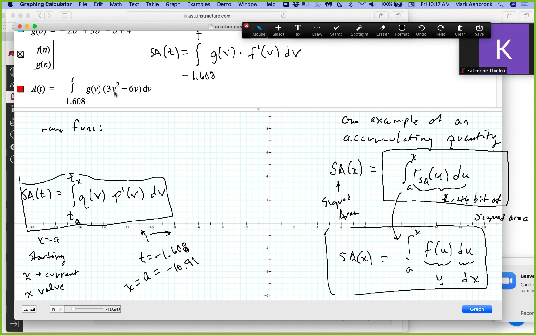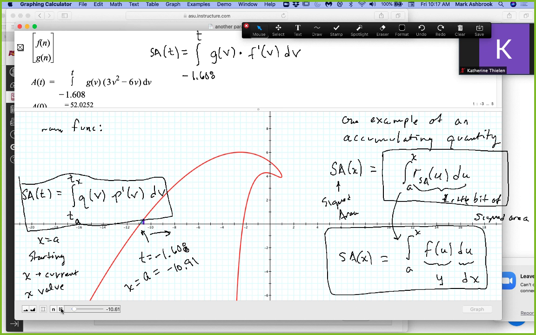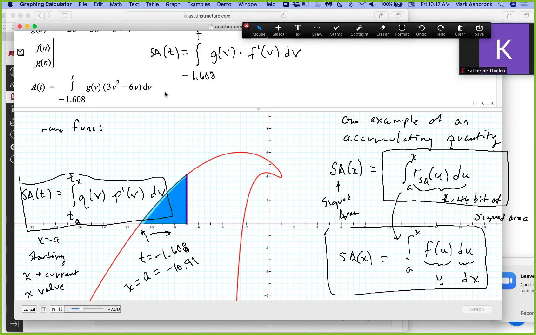Okay, so now I want to know what the signed area is up to the t value at the maximum. So here we are, accumulating signed area. And what would be true about all these values of signed area so far?